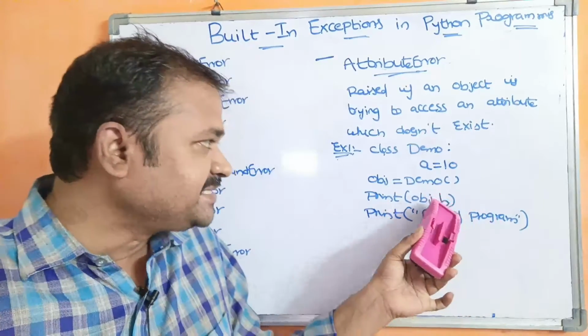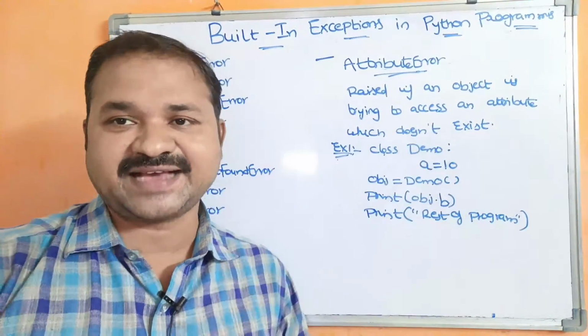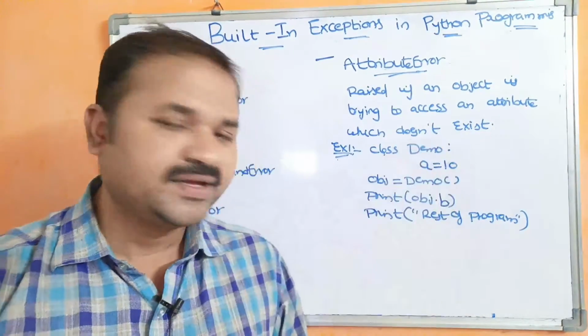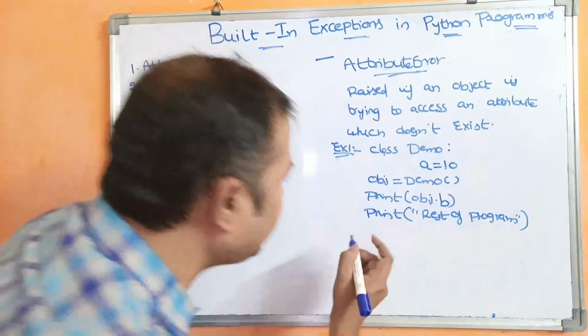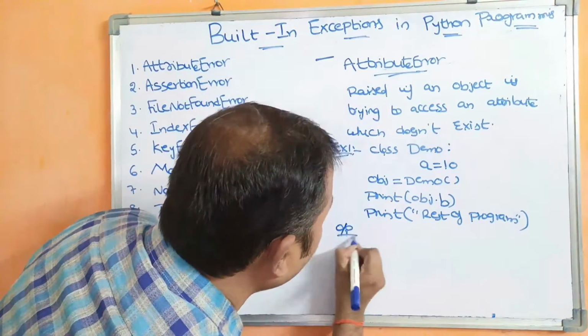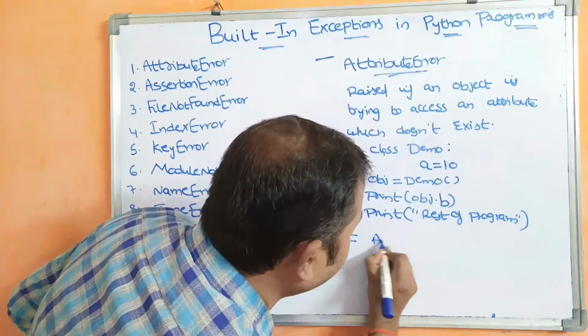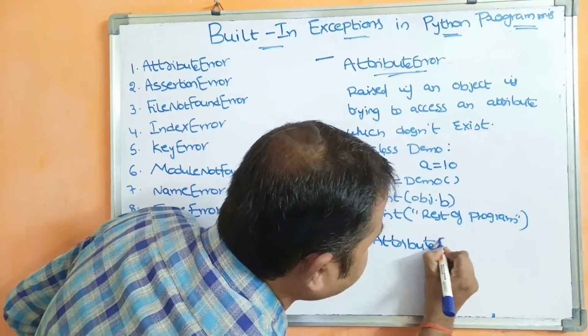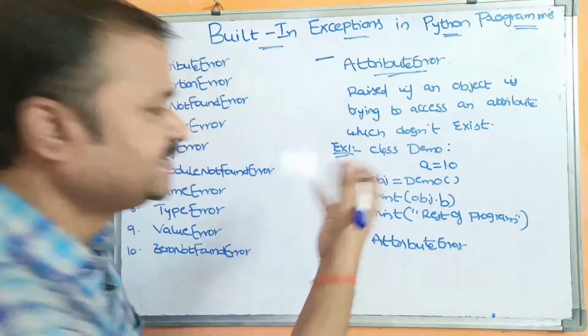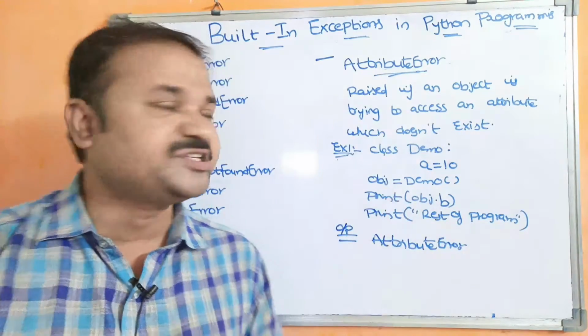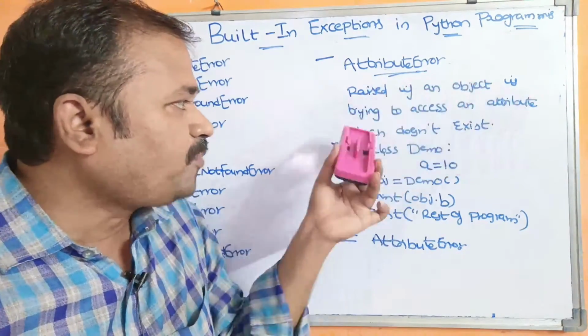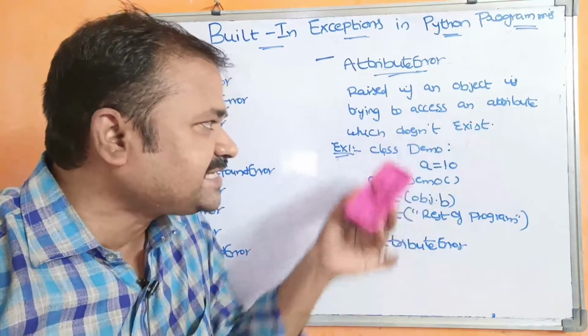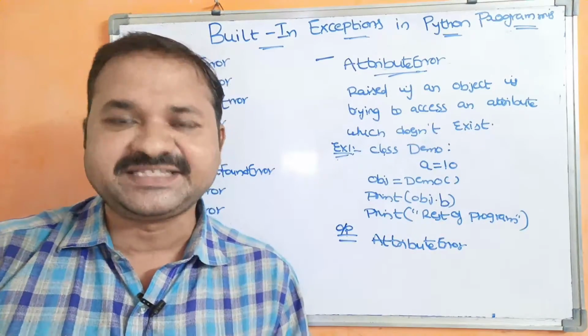But here b is not an attribute of the class. Here we have only a. Now we will get the error message, AttributeError. So this is what AttributeError is. AttributeError is generated if an object is trying to access an attribute which doesn't exist.